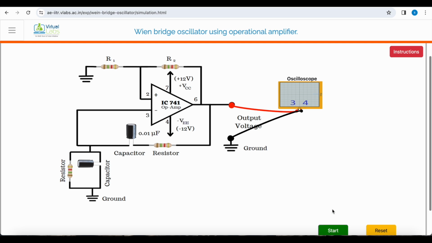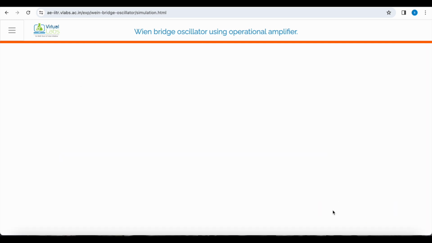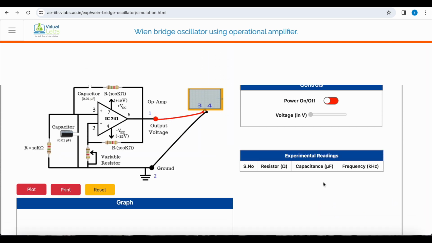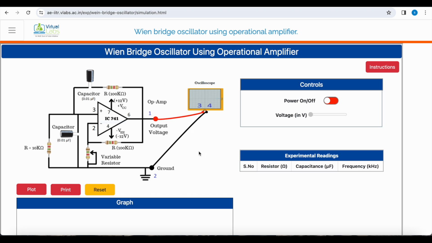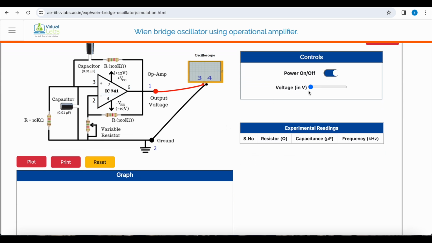Now we'll start the experiment. In this experiment, this resistor is variable. So by varying the value of this resistor, we'll obtain different frequencies at the output. We'll switch on the power and now we'll observe the waveform here. We have to change the value of R1, and you can observe that by changing the value of R1, the frequency at the output is changing.